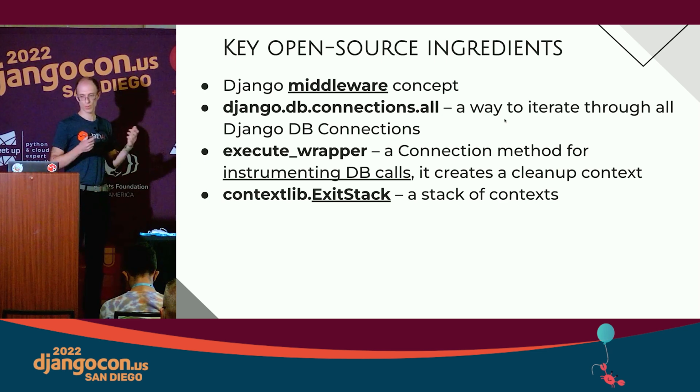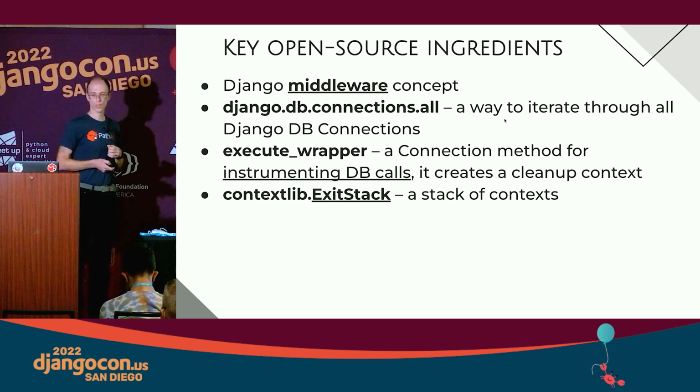You can examine all of your connections, go through them, and do something. And the something that we want to do is execute wrapper. And that's, again, yet another callable that you can register with every connection. And it's there almost precisely for this reason. It's for instrumenting your database calls. And lastly, because we're going to be instrumenting lots of them, exit stack is just a useful concept to accumulate all of these contexts and exit them all at once.